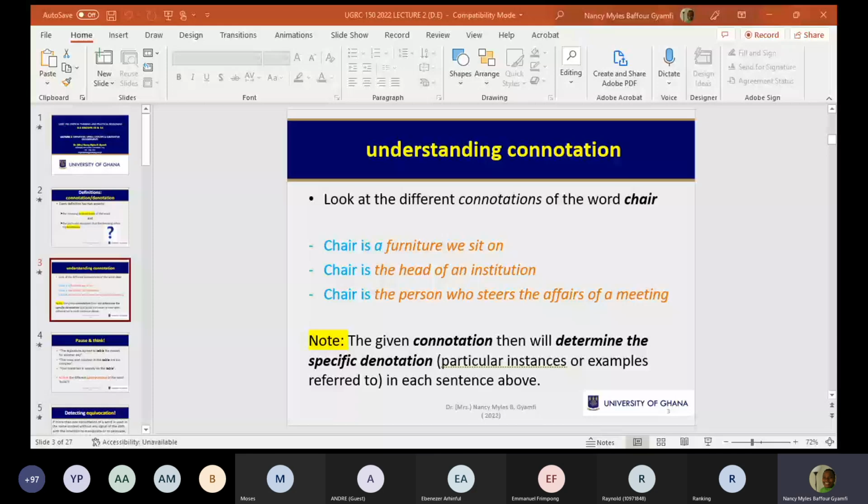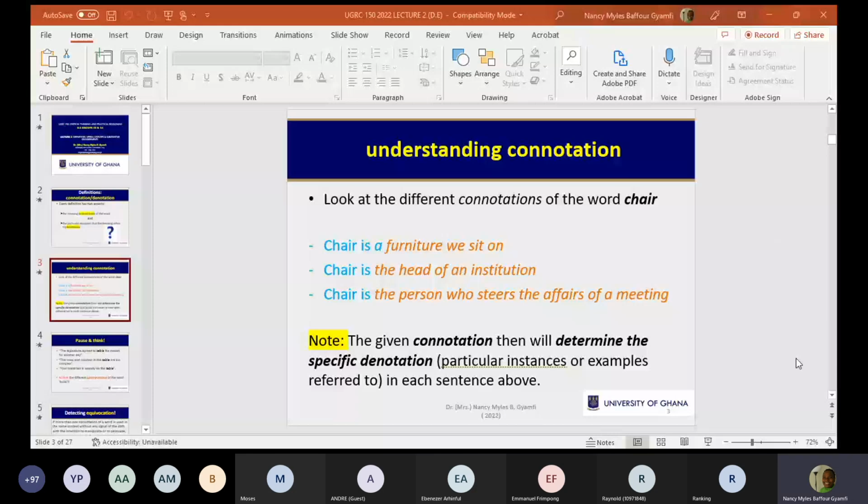Winifred, kindly read what you see on the screen for me. We are discussing connotation. Every definition has a connotation and a denotation. You could unmute kindly and then read for me. Oh, Winifred, please unmute. Are you still muted? Winifred.